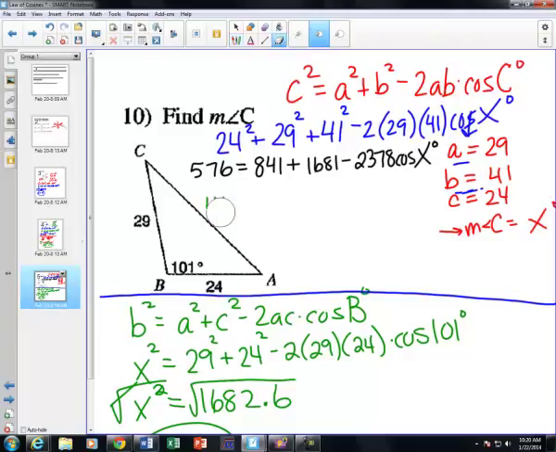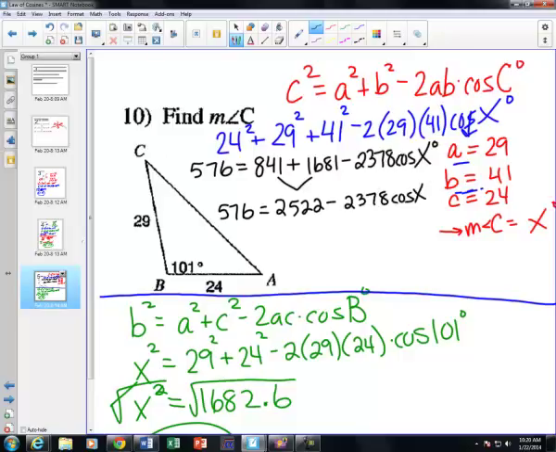I'm going to move this 41 out of the way for now, so we have room to do the rest of this. Now we can combine these like terms first. So we can rewrite: we've got 576 equals 2,522 minus 2,378 times the cosine of x.